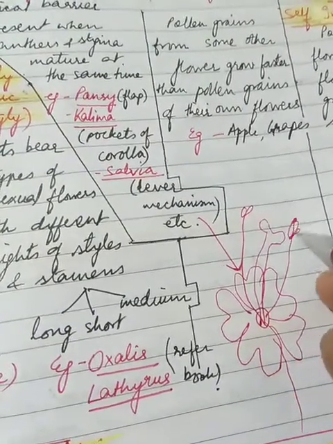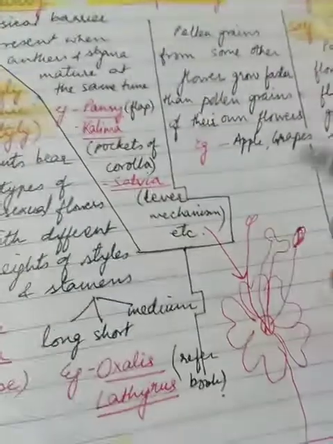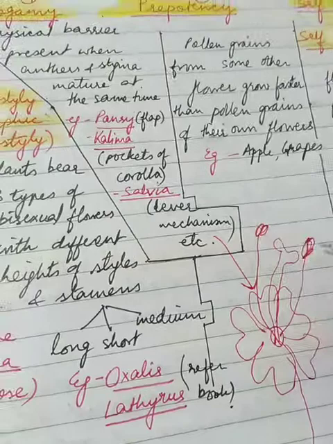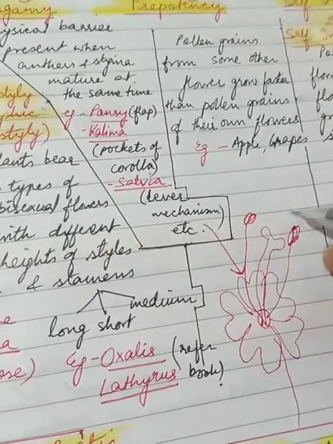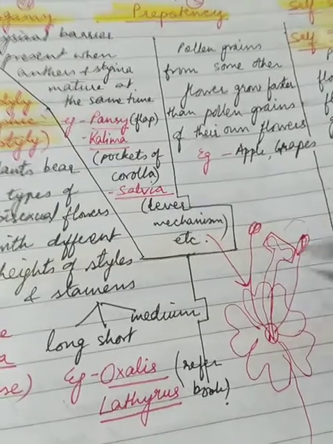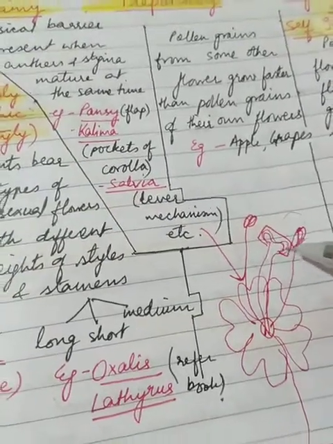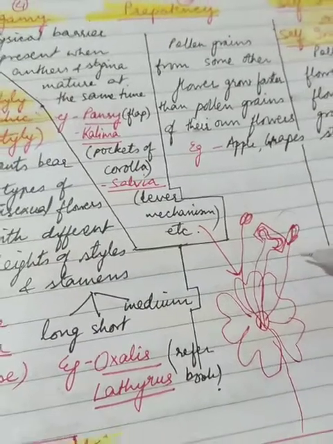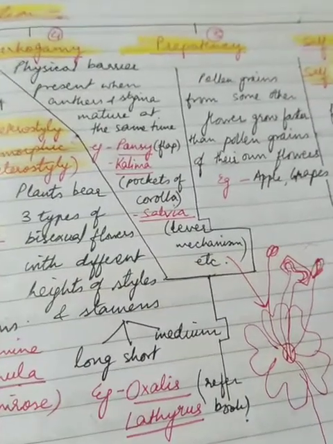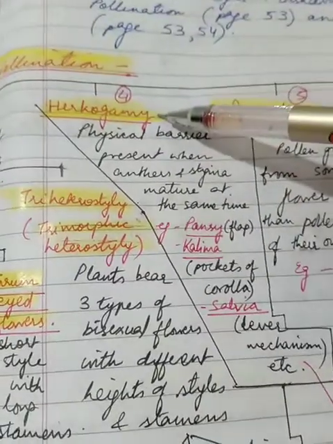Now, obviously there are chances of self-pollination. In that case, children, the pollination could easily happen, but the flower develops a physical barrier. As you can see, the stigma gets covered by a hood, a lid, a covering, a pocket, or by various other methods. This structural barrier is called hercogamy.